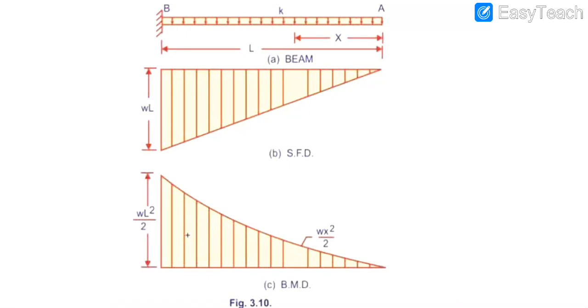In order to make our section economical, or to reduce the cost of construction, we may reduce the amount of concrete used at point A as compared to point B.